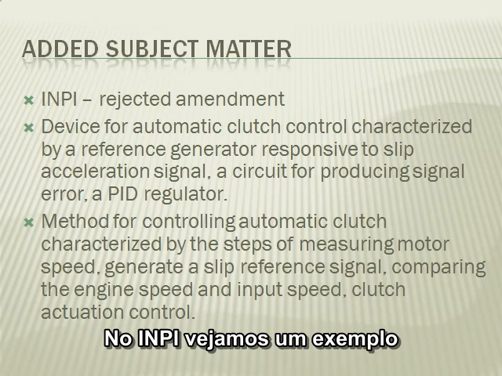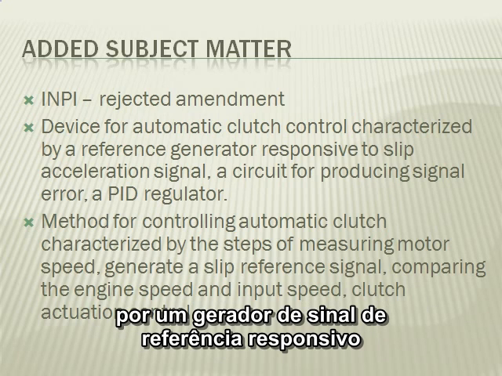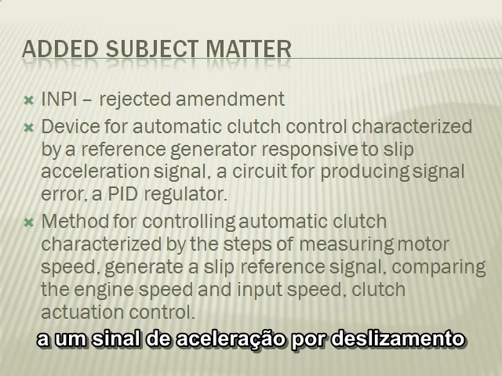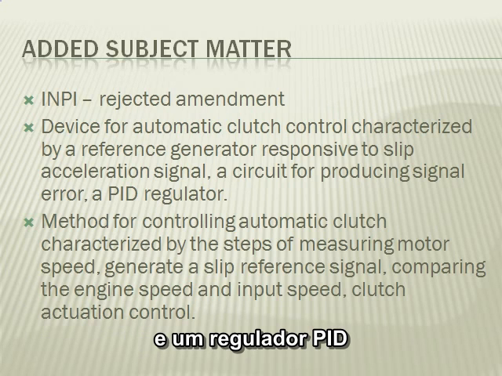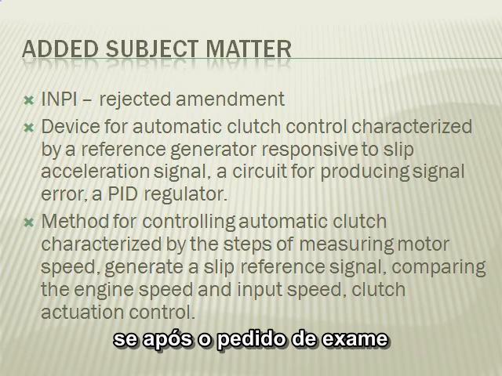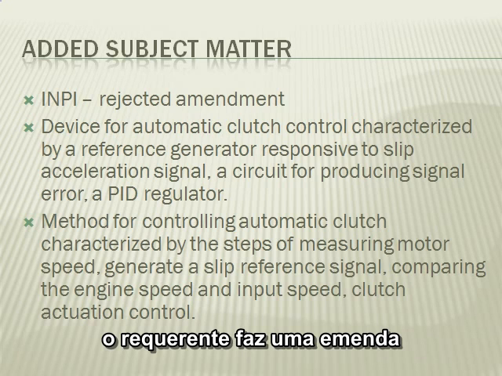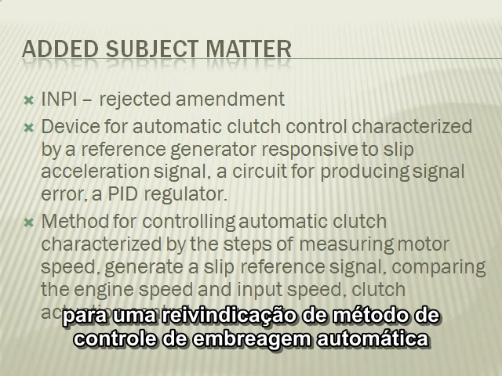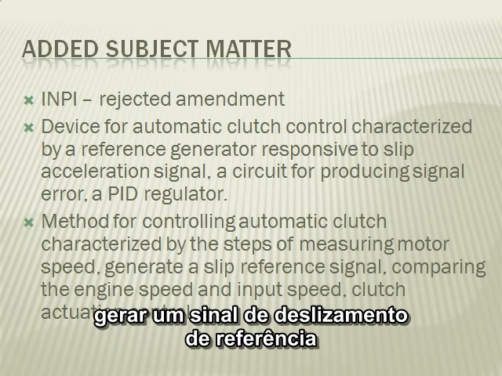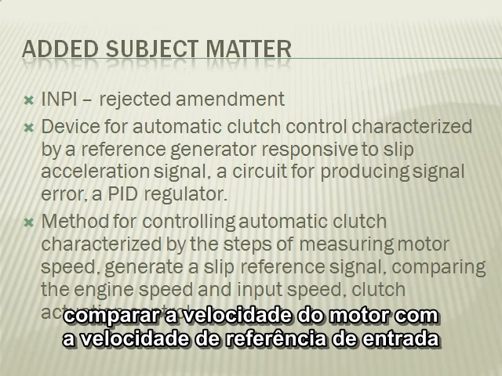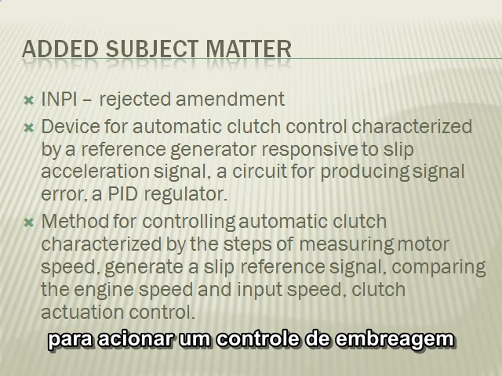In INPI, let's take an example. If you have a claim, device for automatic clutch control characterized by a reference generator responsive to slip accelerating signal, a circuit for producing signal error, and a PID regulator. If after the examination request you make an amendment in the claims and you claim a method for controlling automatic clutch characterized by steps of measuring motor speed, generating a speed reference signal, comparing the engine speed and input speed, clutch actuation control.